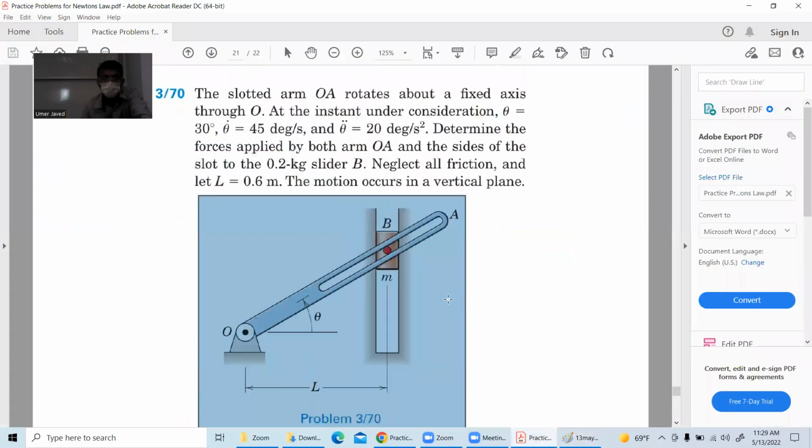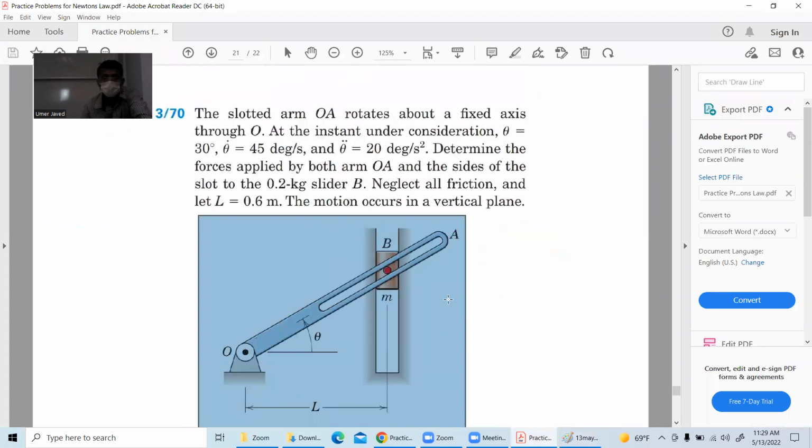Because R dot is constant. We found R dot, it's constant. No, no, wait. Let me answer your question. Look, the R dot value is a constant that I'm getting. Is it changing or not? In this particular instant, I have this R dot. It's quite a possibility that in the next millisecond or nanosecond, it will change.